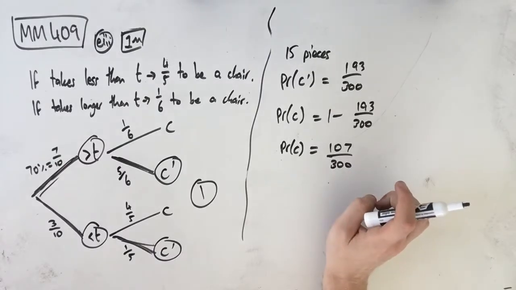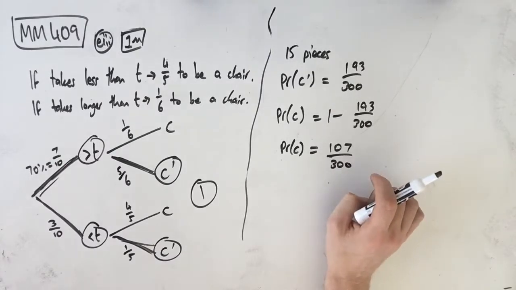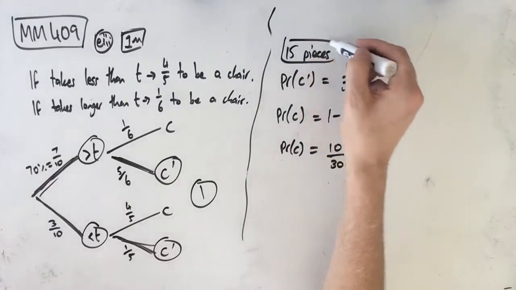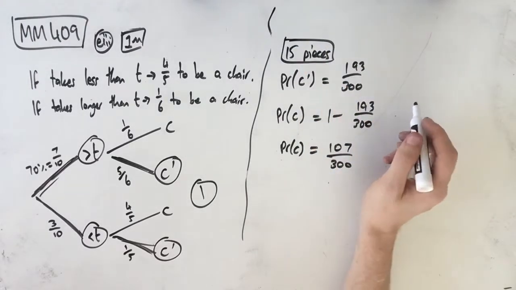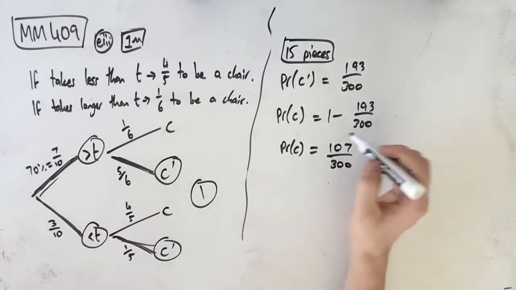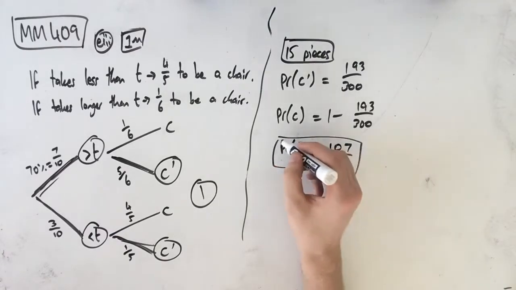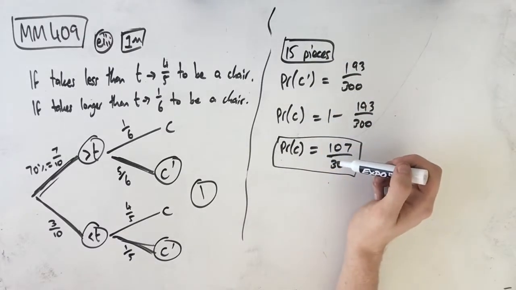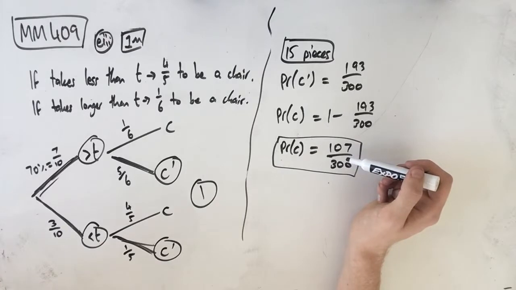It's just the probability that one of them is a chair. So the thing we have to recognize here is, again, the type of probability that we're using is going to be binomial, okay? Because we've got a certain number of trials, a certain sample size. We've got a set probability for each trial, because for each one of these 15, they all have the same probability to be a chair, okay? And each one does not affect the other.